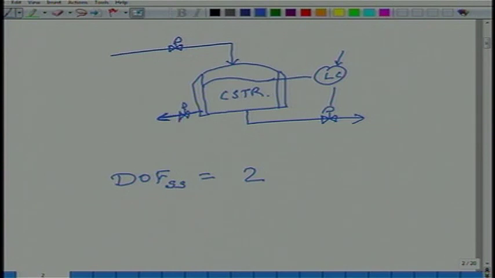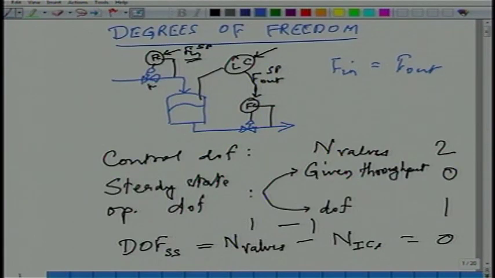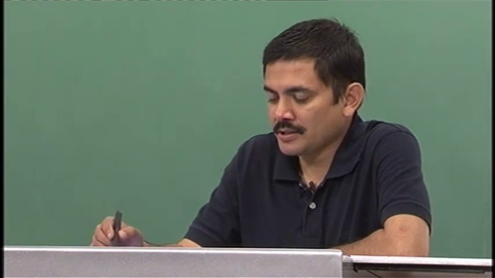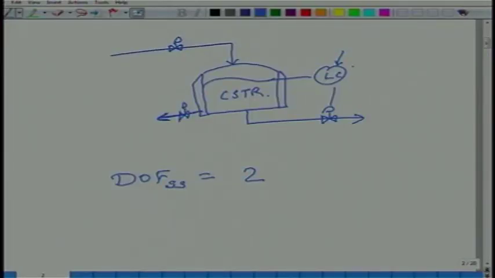Now I ask you a question. In the simple tank, if I changed the level set point, did it make a difference to the steady state solution? Flow in, flow out, yes or no? It did not make a difference, right. Here, when I make a change in this level set point, does it make a difference to the steady state solution?